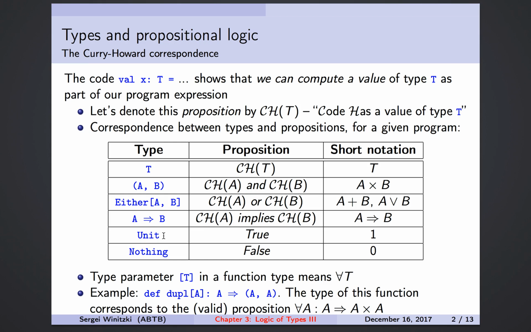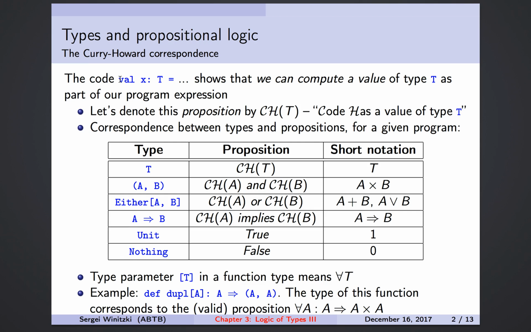The unit type corresponds to the true proposition which is identically true. Proposition that is always true, regardless of anything you have computed or not otherwise. So why is that? Because you always can have a value of unit type.